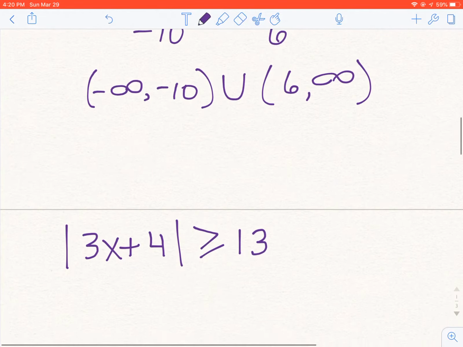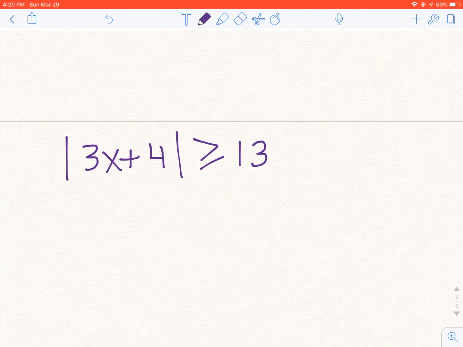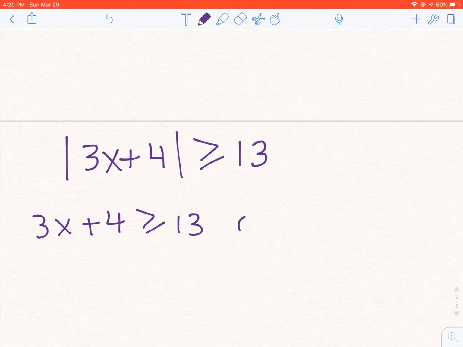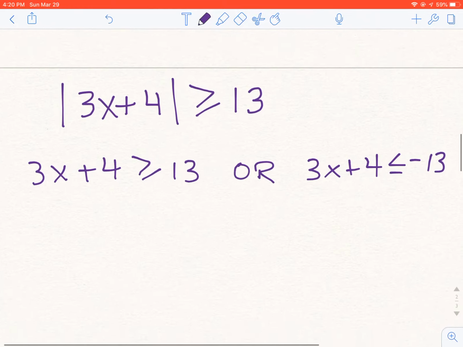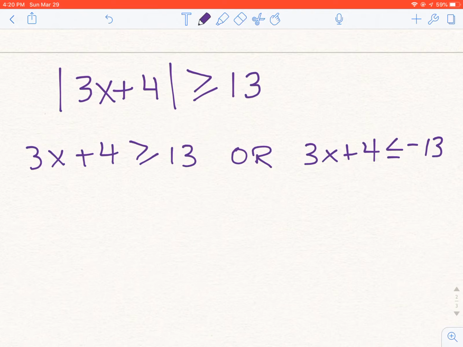All right, next one, same thing. 3x plus 4 is greater than or equal to 13, or 3x plus 4 is less than or equal to -13. Now, in some ways, you're lucky you're taking a multiple choice test, because lots of kids don't like to write the ands or the ors with the less than and greater than, and you would lose a point if you didn't do it. But this, it's either right or wrong.